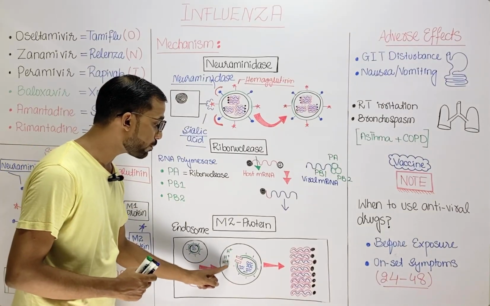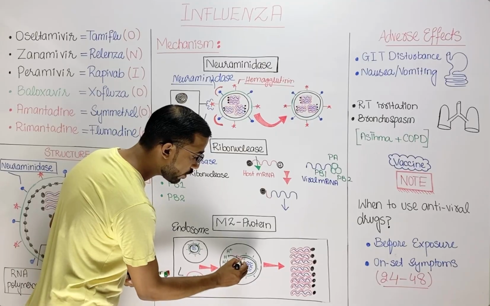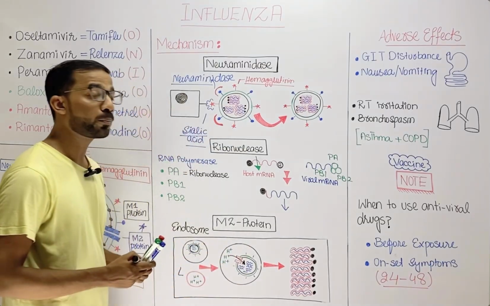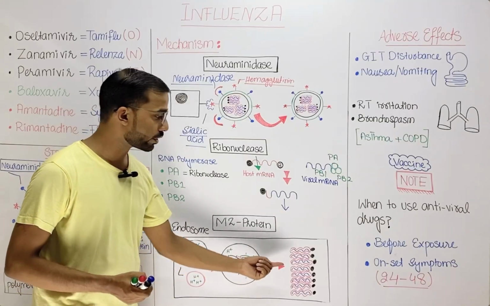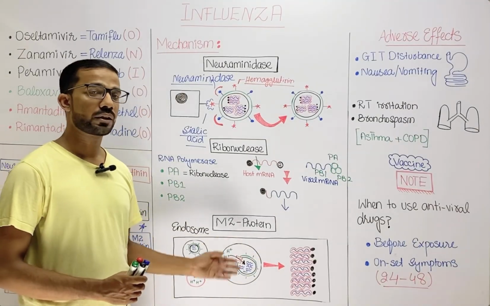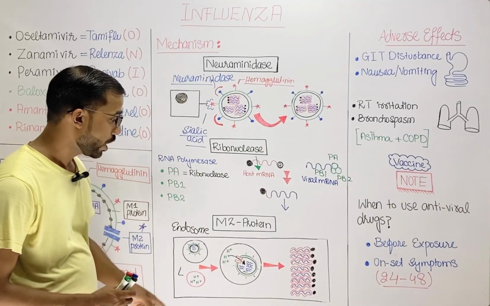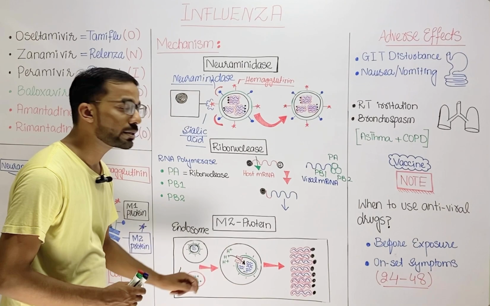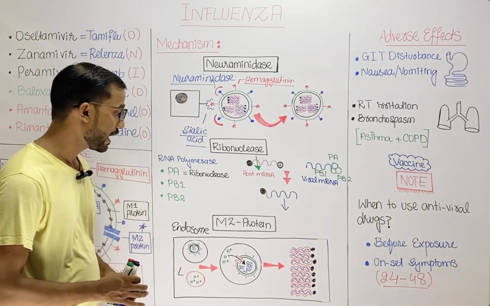Now these H positive ions will start moving into the virus through the M2 protein channels, and ultimately you will see the uncoating of the virus. All the RNA will start releasing into the cytoplasm, and ultimately they will go into the nucleus. So this channel is very important in the uncoating. That is the most important process of the replication.